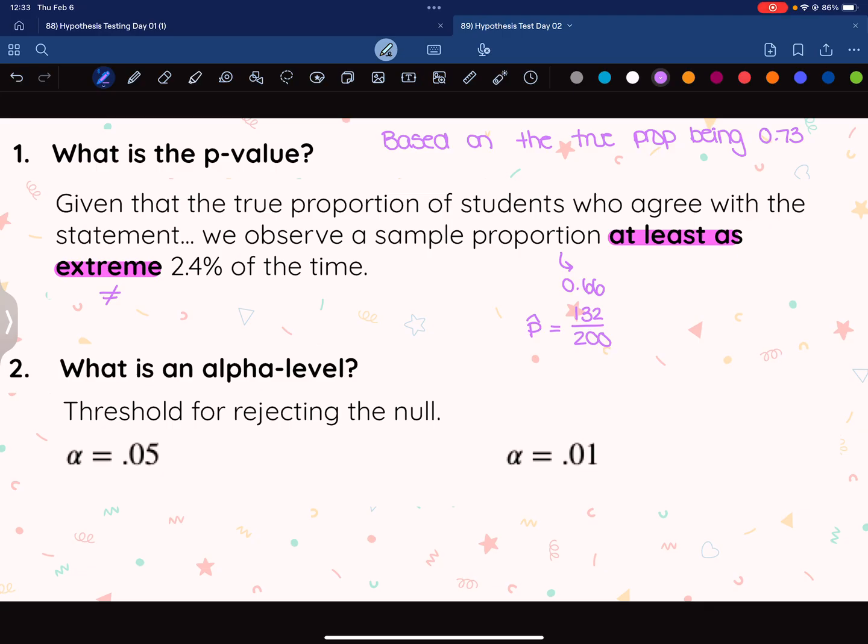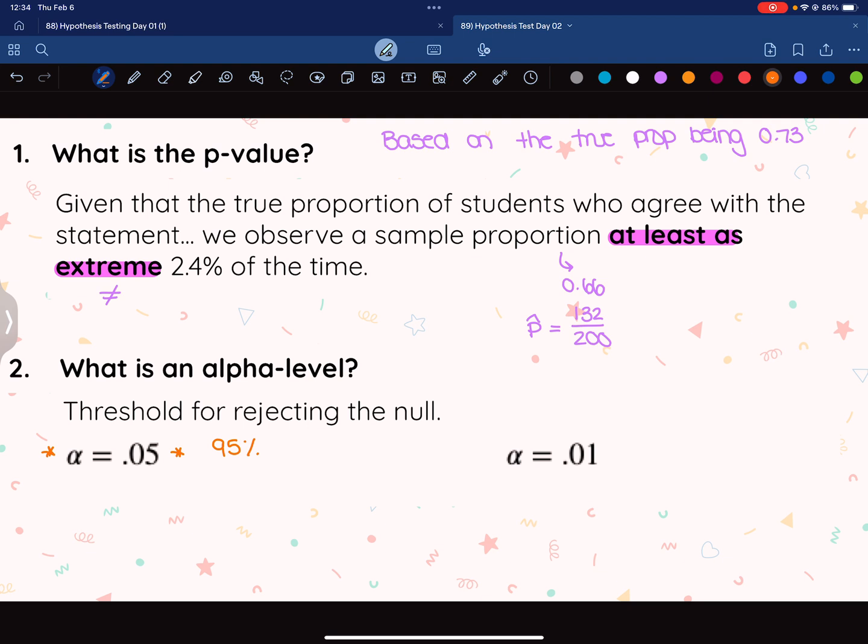And then what is the alpha level, the threshold for rejecting? Alpha can be whatever they state it to be. An alpha level could be this 5%. Like I said, this is your popular one. 95% is affiliated with it, so think about that 95% confidence.